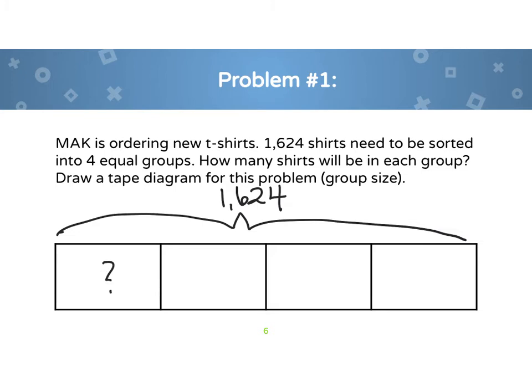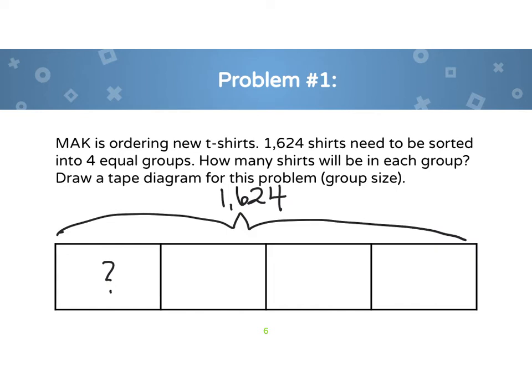So we are going to write our equation to be 1,624 divided by 4. And we'll find out how many t-shirts go in each group and if we have any left over. So I just want to show you that that's group size. So my answer sentence would be how many shirts will be in each group.